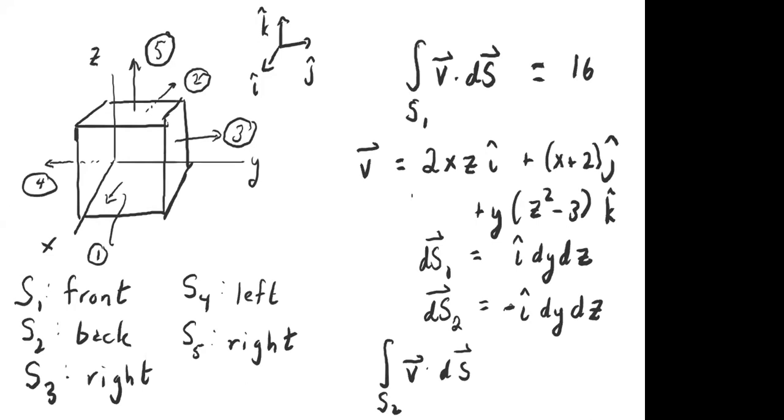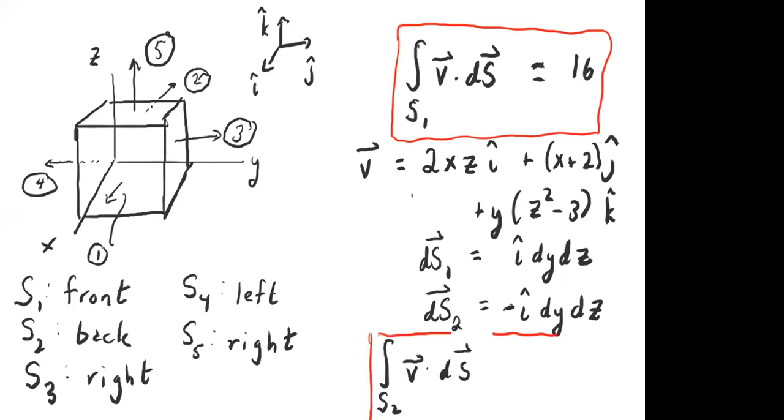And we also showed that the surface integral of v over surface 2, or the flux of v over surface 2, this is up on top, I have the flux of v through surface 1. The flux of v over surface 2, we actually evaluated last time also, and it turned out to be 0.